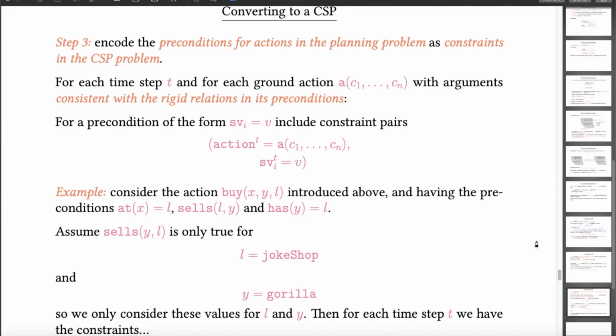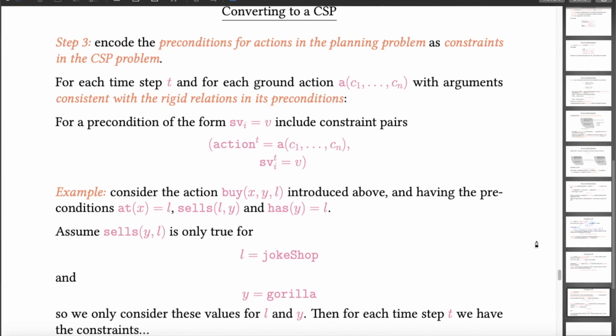And we can do that by taking each precondition, and each precondition looks like an assignment to a state variable, and we say that the action at a given time can only take on some specific value if at the same time a state variable that's one of its preconditions has a value that's compatible with it.